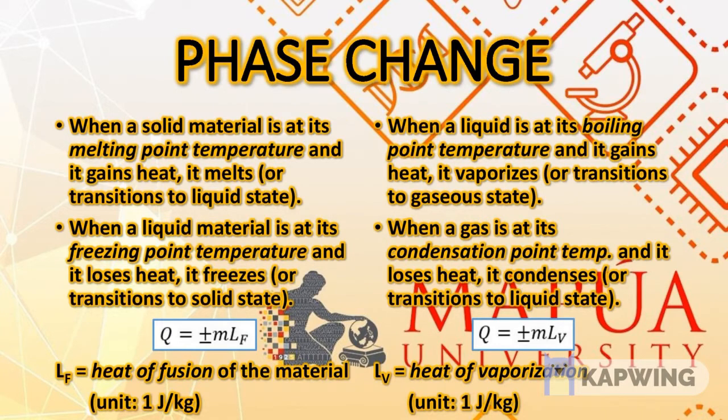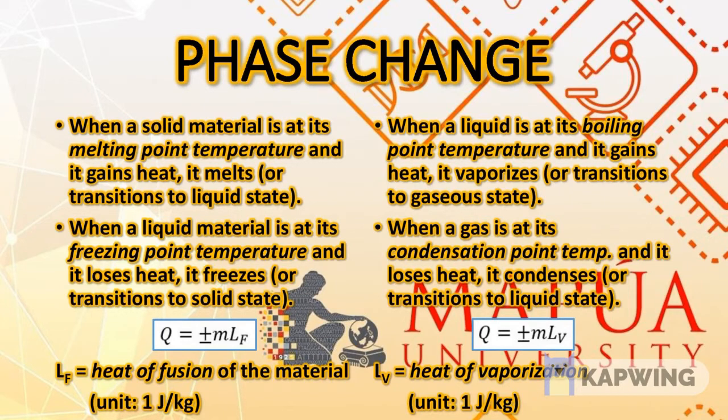Similarly, for liquid to gas transition and vice versa, the object must be at the right temperature and must either gain heat or lose heat energy for the transition to happen. When a liquid is at its boiling point temperature and it gains heat energy, the object will vaporize, or transition from liquid state to gaseous state.